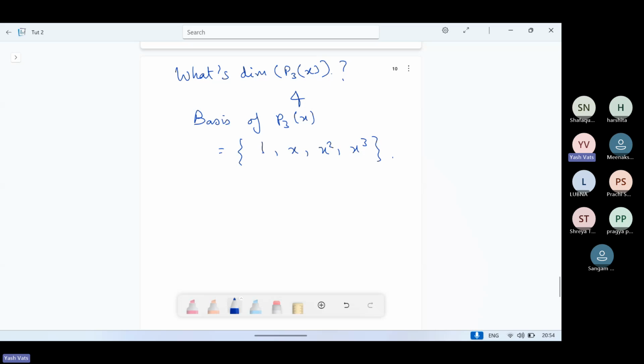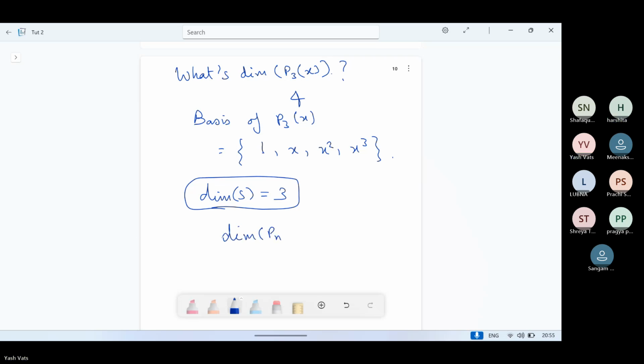So we have dimension of S is 3, because there is one extra condition. That's why. Is it clear? Yes, sir. So what is the dimension of Pn x? n plus 1. Yes, so it is n plus 1.